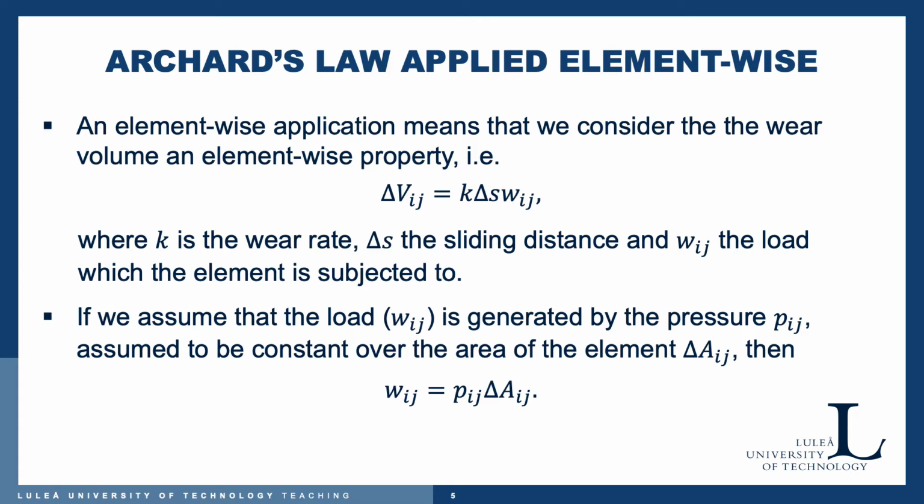Now, if we have the center element type of discretization of the pressure, then we know that W_ij is just P. We assume P is constant over that area delta A, and we obtain W_ij as P times delta A.